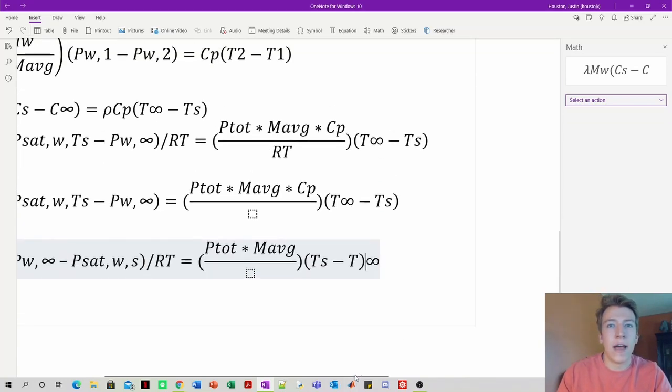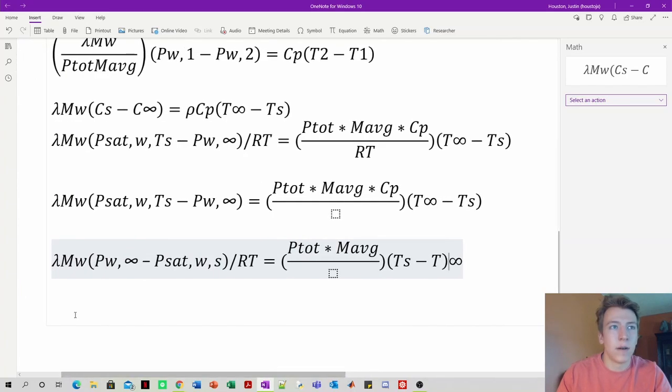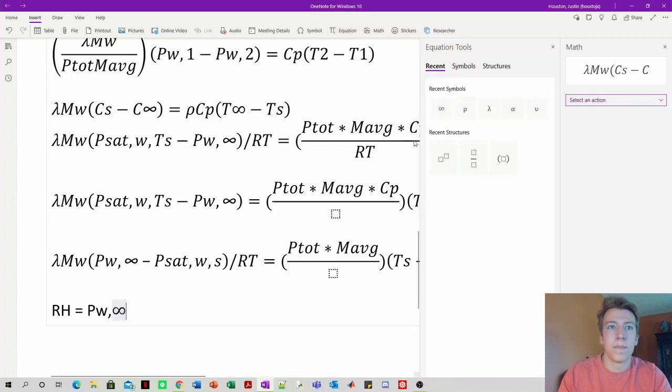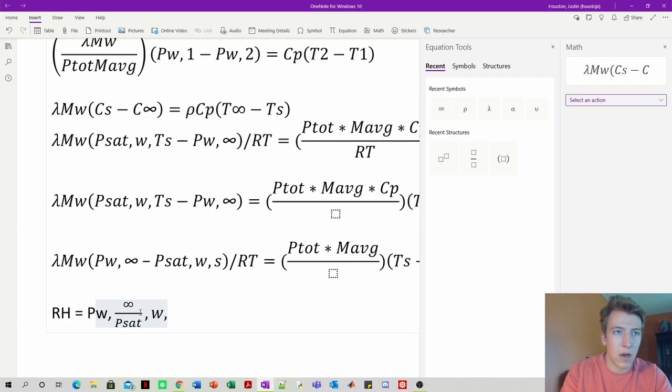But now that we have that, we can then solve for relative humidity. I mean, I already did solve for that, but we get the complete go-around reasoning for how we can actually solve it. So you have that partial pressure of the water at infinity, and that's going to be completely divided by that partial pressure of the saturated water at the, hold on, that's not what I wanted.